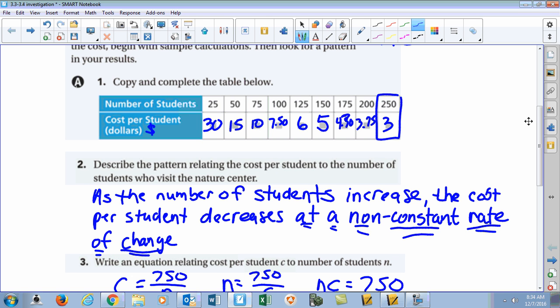So we got to do some thinking here, don't we? Because it's 10 on there? Nope. It's 20 on there? Nope. So how are we going to find those values?